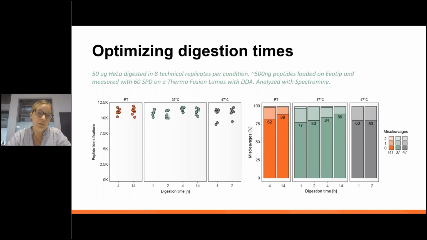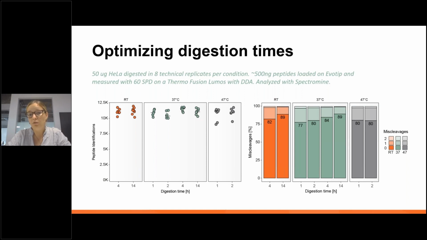Another important factor is the time used for digestion. I think it's quite typical to do an overnight digestion at 37 degrees, but we wanted to see if we could decrease the time and even make use of room temperature digestion.